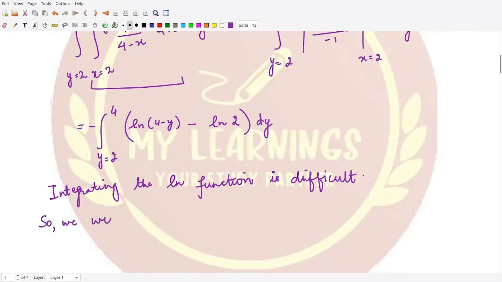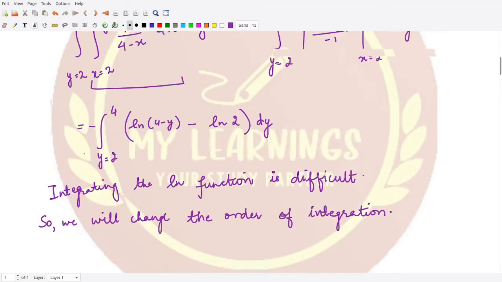We will change the order of integration. That means we are just going to reverse the order of integration. Let's see how we can do that.